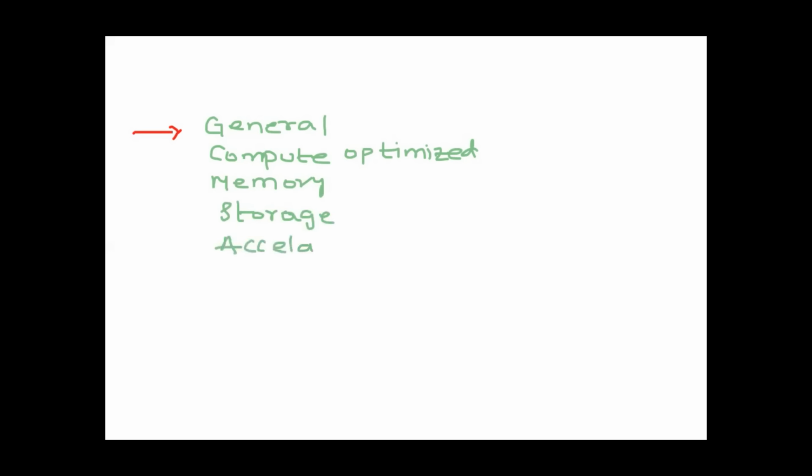So this thing keeps changing. Probably 2 years down the line, AWS might add 2 more different types of EC2 instances. You don't have to worry about it. These things can be easily learned by using the AWS documentation. I'll also point you to the documentation when we do the practicals.